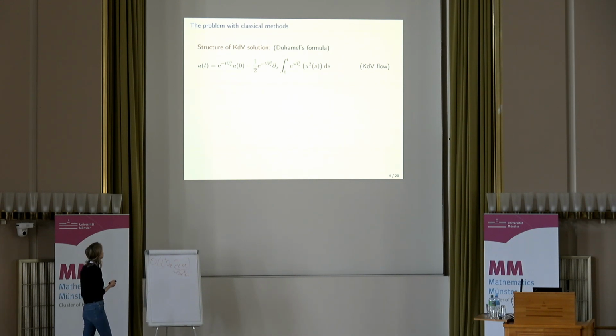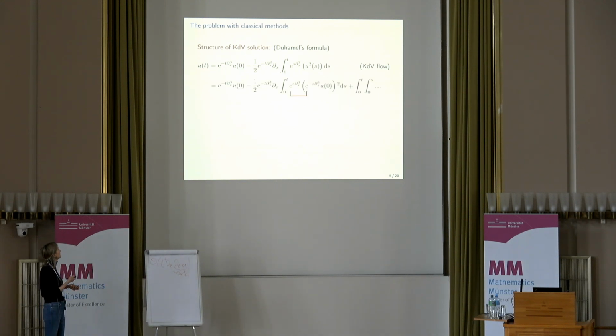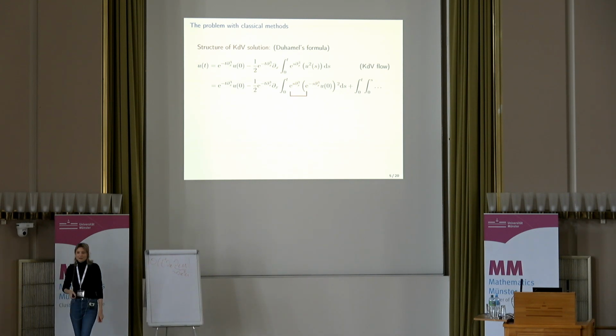And if we want to get a feeling for the exact solution, we turn to Duhamel's formula and iterate it. So I use U of s by the iteration of Duhamel's formula, replacing t by s. U of s will behave like exponential minus s dx cubed U naught, and then some higher order integrals, which for the moment I can forget.